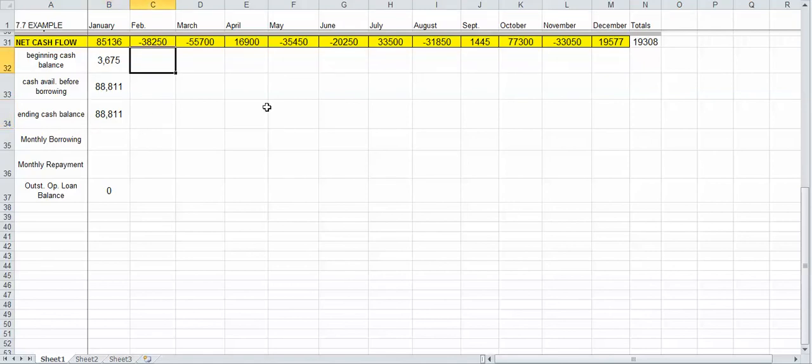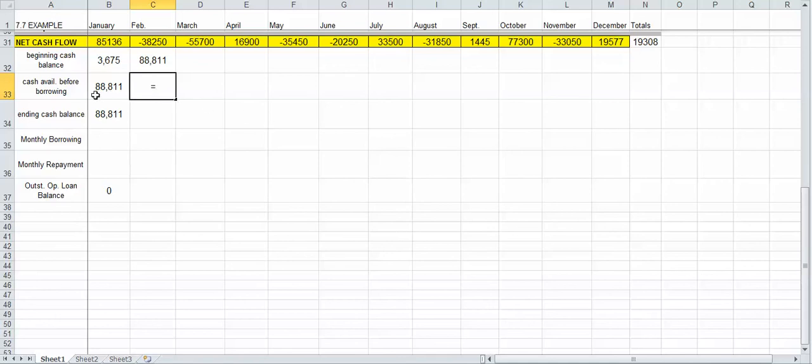We need to figure out now the beginning balance for February. Well, that's actually pretty easy. Beginning balance for February is the ending balance from January. January 31st, 11:59 p.m., we had $88,811. At 12 o'clock midnight, February 1st, we still have $88,811.